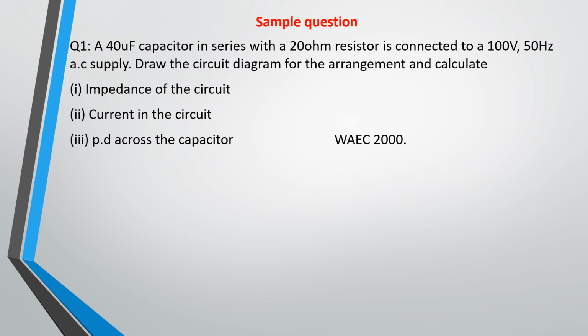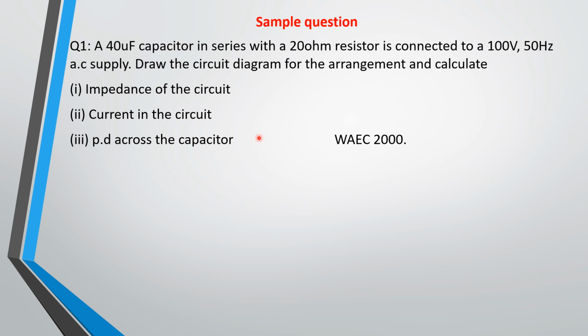This is a question that we need to solve. It says that a 40 microfarad capacitor in series with a 20 ohm resistor is connected to a 100 volt 50 Hz AC supply. Draw the circuit diagram for the arrangement and calculate the impedance of the circuit, the current in the circuit, and the PD across the capacitor.